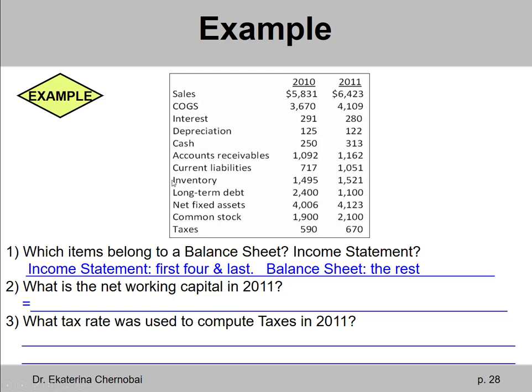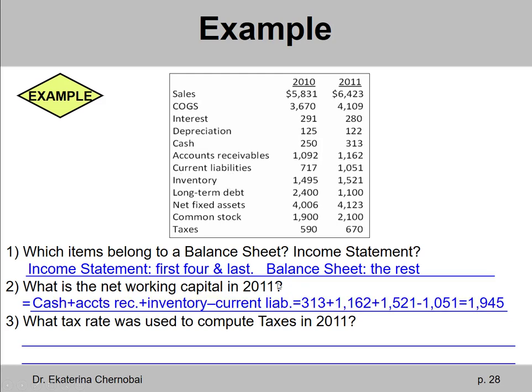So we can add these three up. And then we need to subtract current liabilities. And we already have the value for that. If we didn't, then we would need to add up two items: notes payable and accounts payable. But we already have the sum of the two.